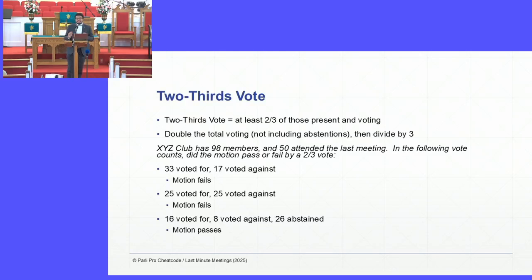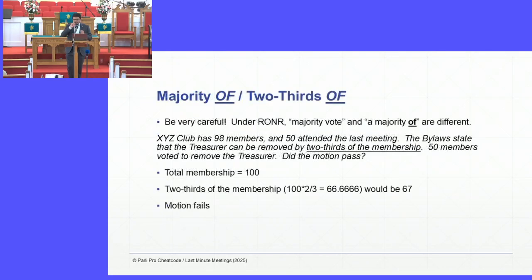Okay. And the last slide in this section, you have to be very, very careful of the word "of." Sometimes with the way constitutions and bylaws are written, they are written with unintended consequences. So what does that look like?